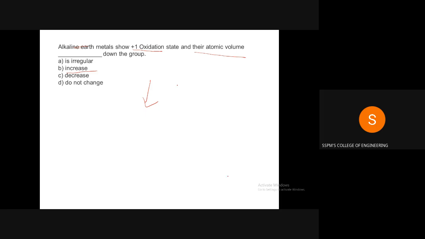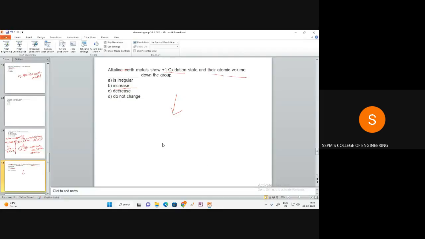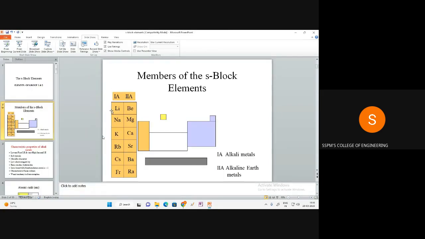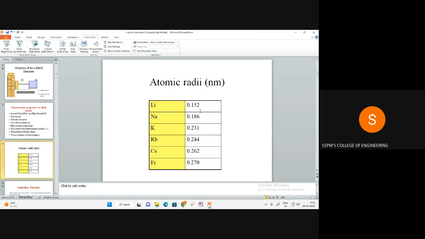The atomic radii, if you look, are 0.5, 152, 186, 231, 244 and the last is 270. So it increases down the group, from lithium to francium.